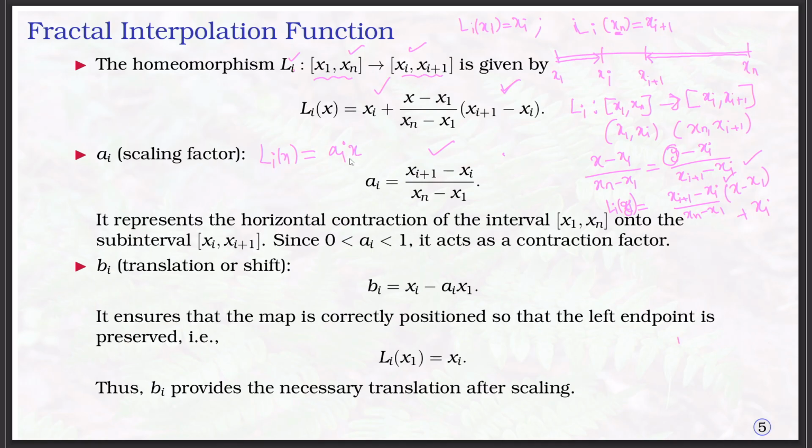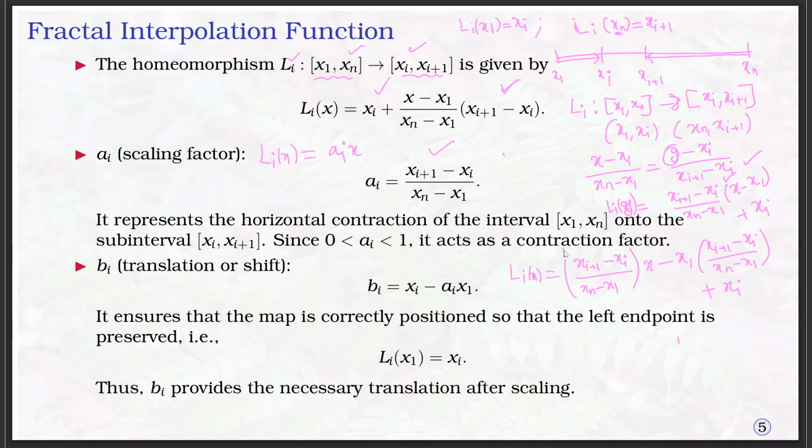So, Li of x equal to ai x, one can need to chase ai like this one. Then if you want to find the other term, simplifying this one, Li of x can be written as xi plus 1 minus xi over xn minus x1 times x minus x1 times xi plus 1 minus xi over xn minus x1, minus this term plus xi.